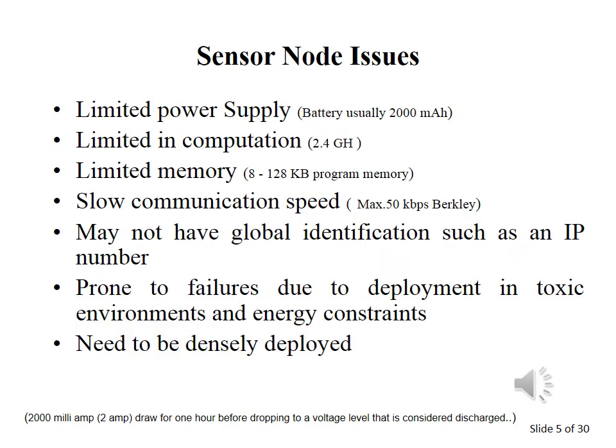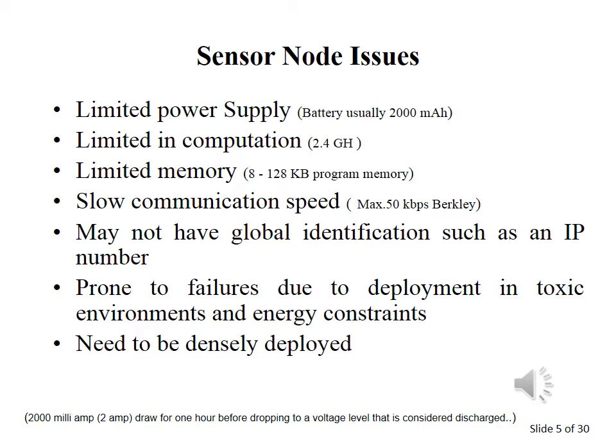Dear students, now we are going towards the sensor node issues, which is a very important point: what are the issues in the sensor node. We are talking about the sensor node, which is the unit part of these wireless sensor networks.